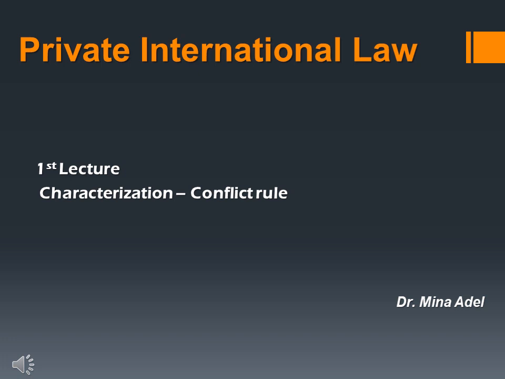Then we talked about characterization, and we said that characterization is our key to private international law and the conflict of laws mechanism. Why? Because characterization will help us determine which conflict rule will be applied to the case.